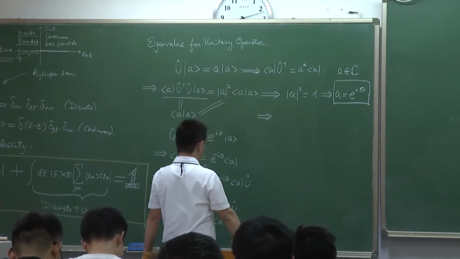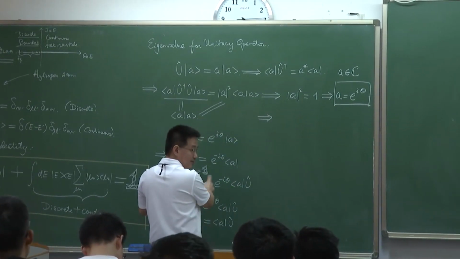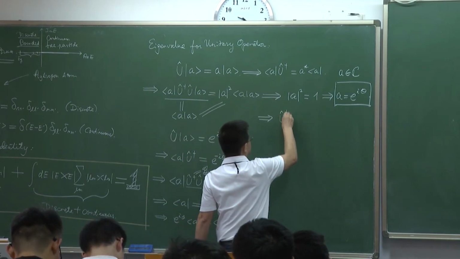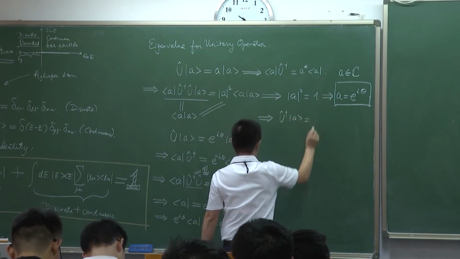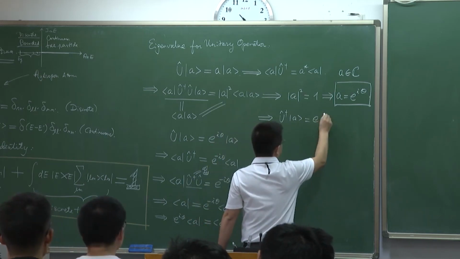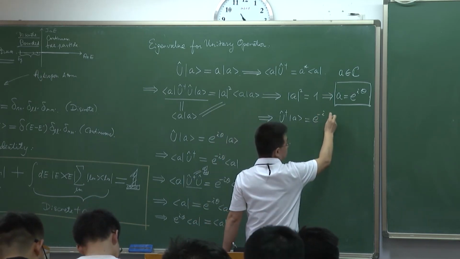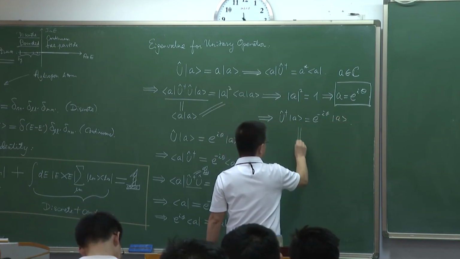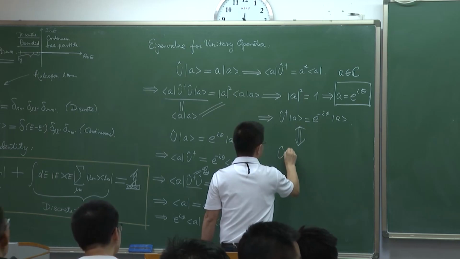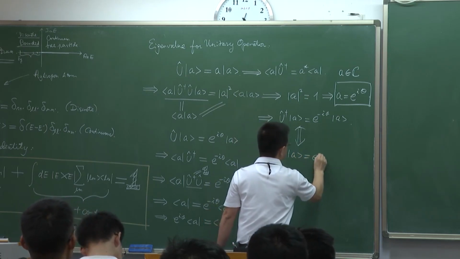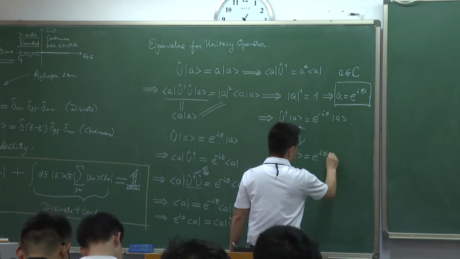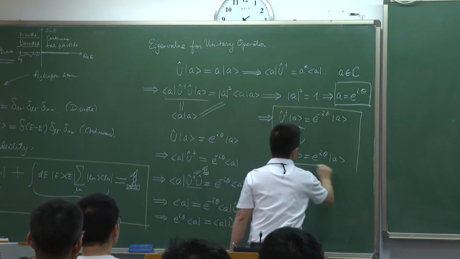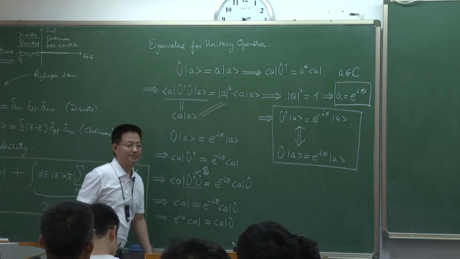If you take the dagger on both sides, then you have U dagger A is equal to e to the minus i theta A. So you compare with U A is equal to e to the i theta A. Right.